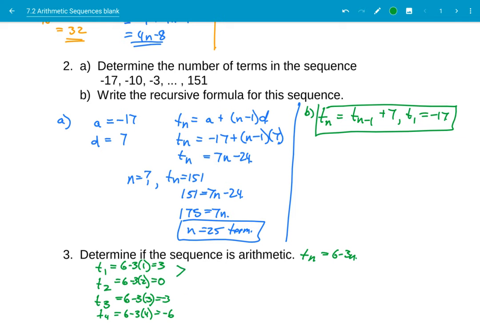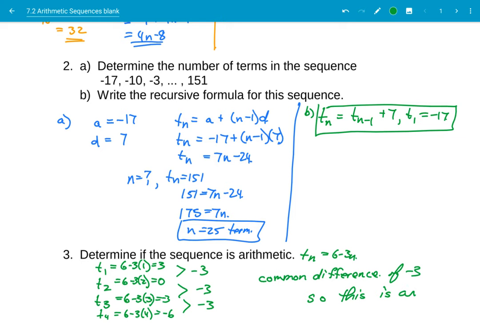See how there's a common difference here of -3. This is like first differences, right? It's linear. Common difference. So our determination is based on the fact that there's a common difference of -3. So this is arithmetic.